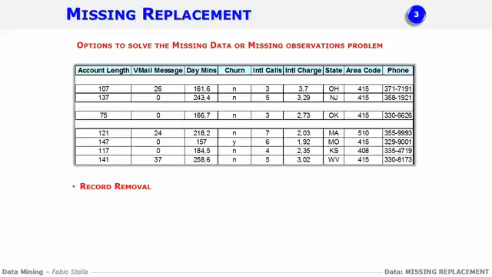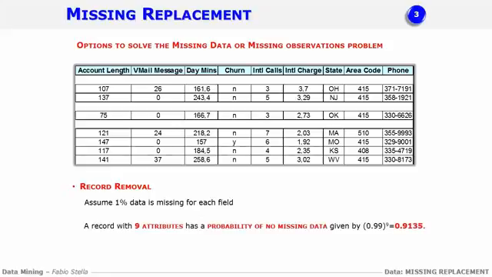But let's see what the drawbacks of the record removal strategy are. Assume to this extent that 1% of the data is missing for each field, which is a very small percentage. And furthermore, assume that the missing pattern is at random, so there are no hidden relationships linking the way by which missing values for different attributes are dependent.